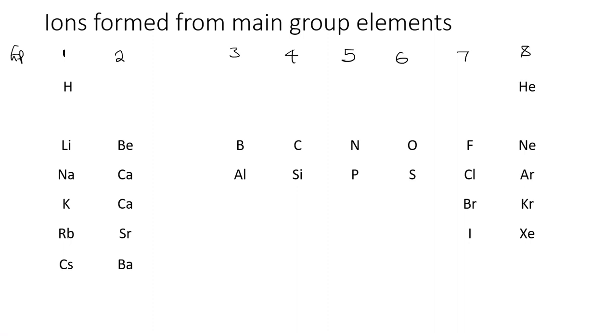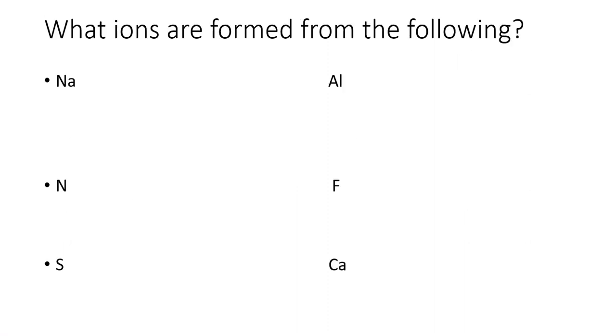Now, what ions can we form from these main group elements? For example, if I take lithium, what ion can lithium form? If I take beryllium, what ion can beryllium form? If I take fluorine, what ion can fluorine form?